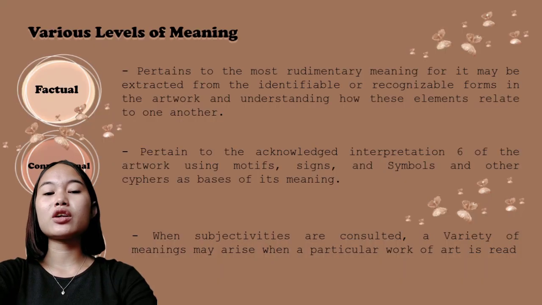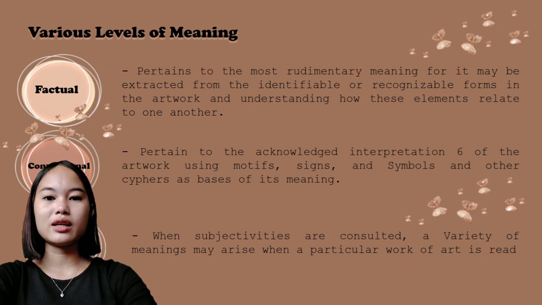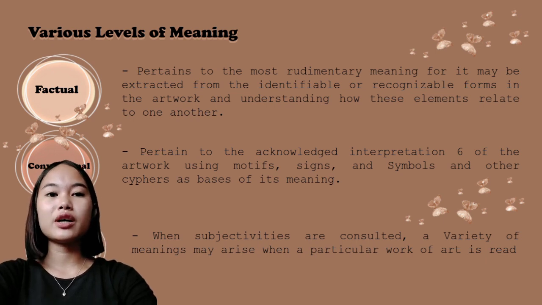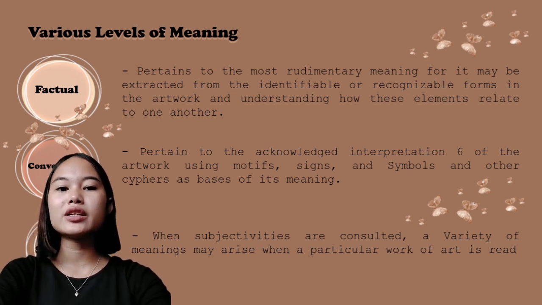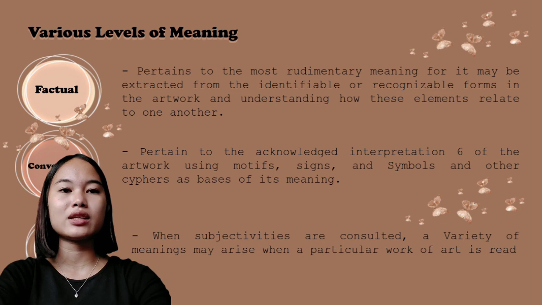In understanding the content of art, it is important to note that there are various levels of meaning: the factual, the conventional, and the subjective. Factual pertains to the most rudimentary meaning that may be extracted from the identifiable or recognizable forms in the artwork and understanding how these elements relate to one another.